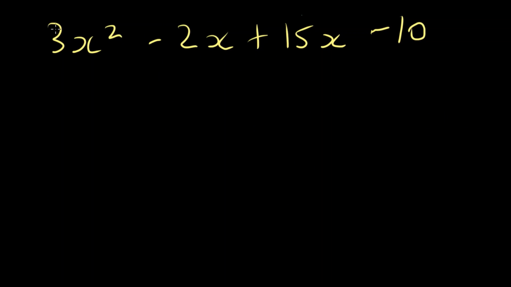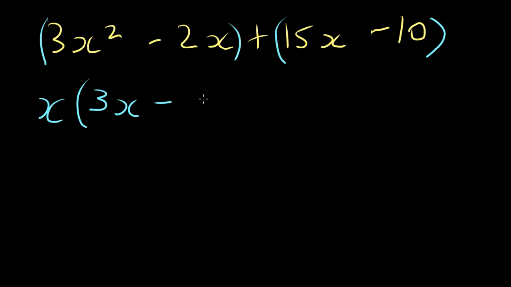So the next step is to, remember, group the first two, group the second two, and try to find a common factor in each. Right, 3x squared minus 2x, what's the common factor? x, right? There's only x that we can take out of that. x will leave us with 3x minus 2. And the second one, what's the common factor of 15x minus 10? 5.